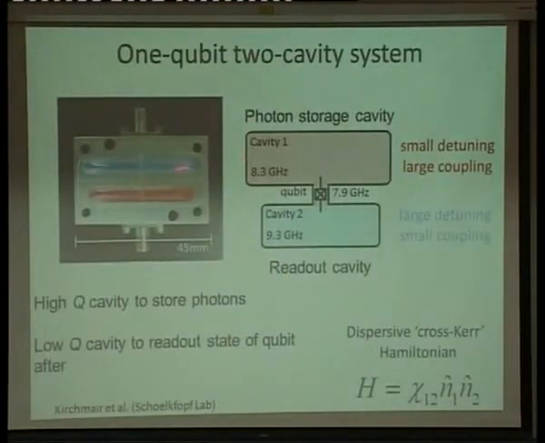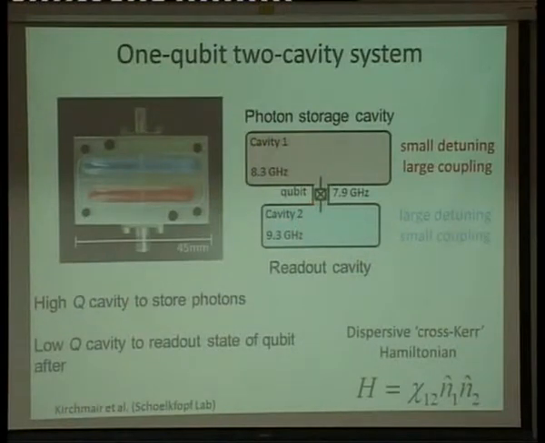Some of the experiments I'll show you took place in a 2-cavity system where you have a very high Q storage cavity that you might want to use for a quantum memory, putting photon states in there, coupled to a low Q cavity by a nonlinear element, a qubit.